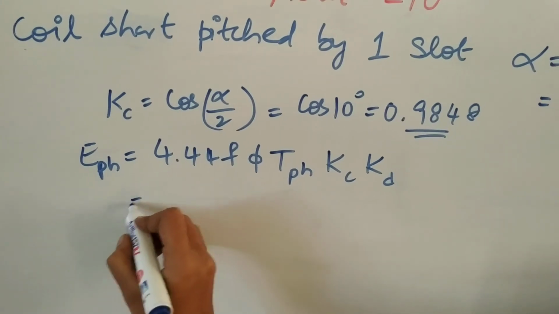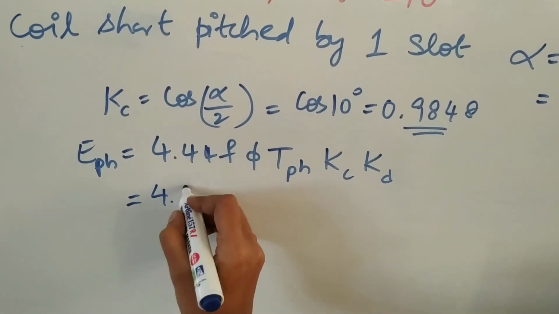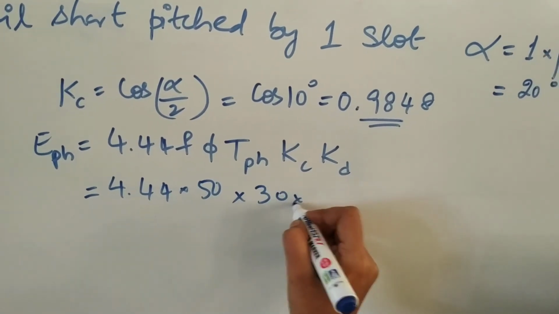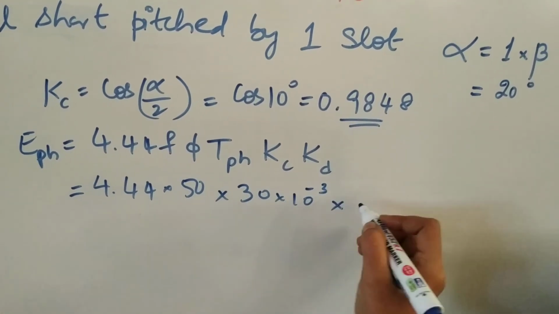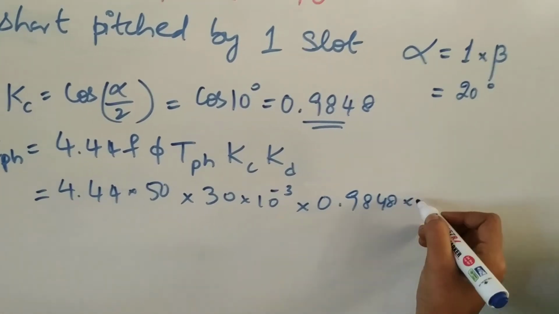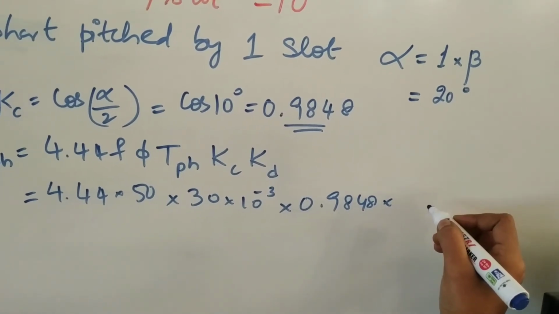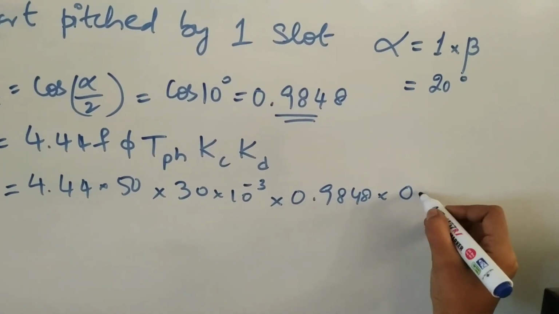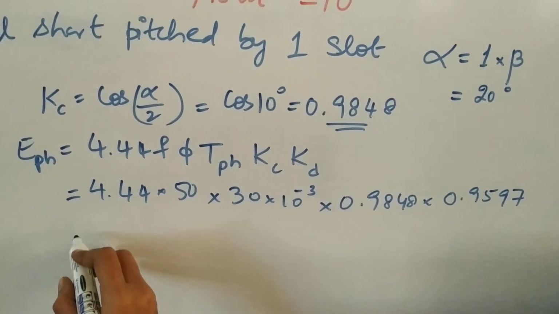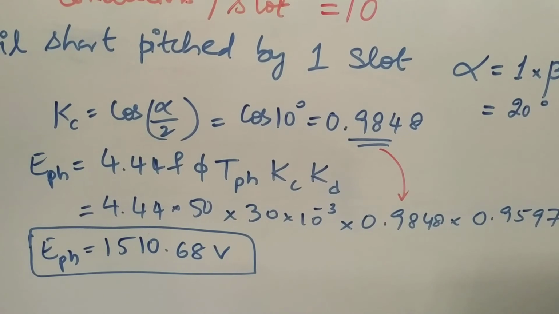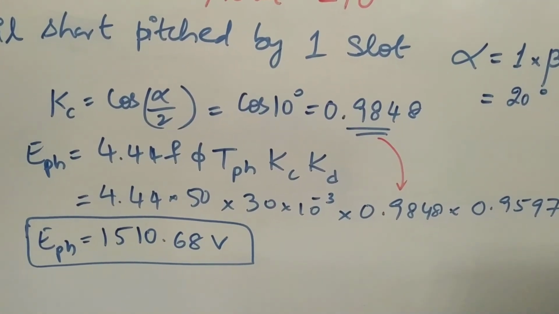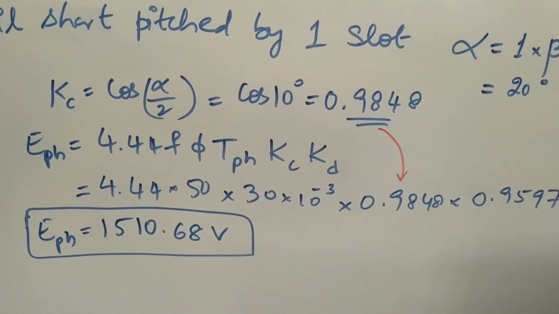So let us substitute the values. 4.44 into 50 into 30 milli, 10 to the power of minus 3, into Kc, which is 0.9848, multiplied by the Kd value that we have found, 0.9597. So it results with 1510.68 volts.